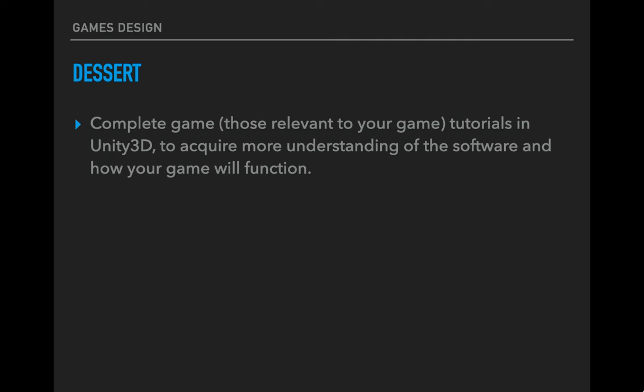So to finalize this particular assignment, I want you to complete a game tutorial that is relevant to your game's genre. For example, if you are making a racing game, you will probably see on Unity 3D that there are various tutorials showing you how to create games that use, for example, karting or automobile vehicles.